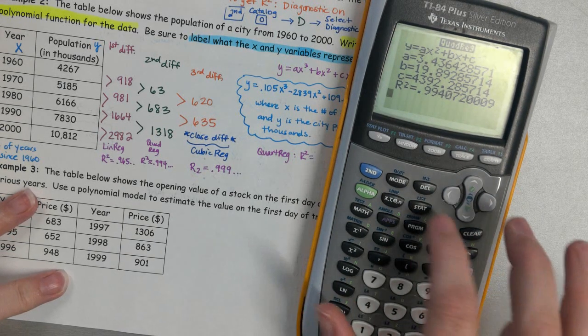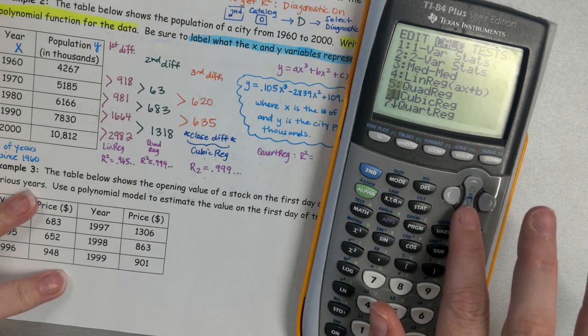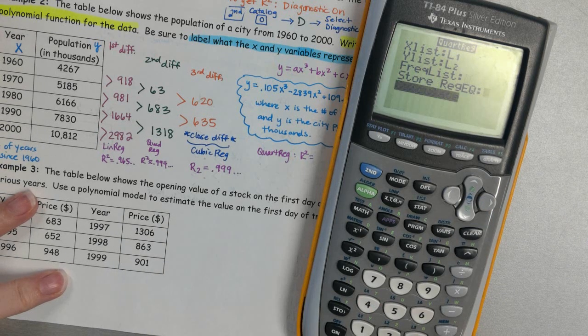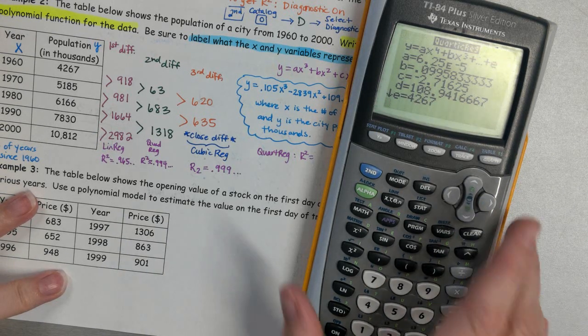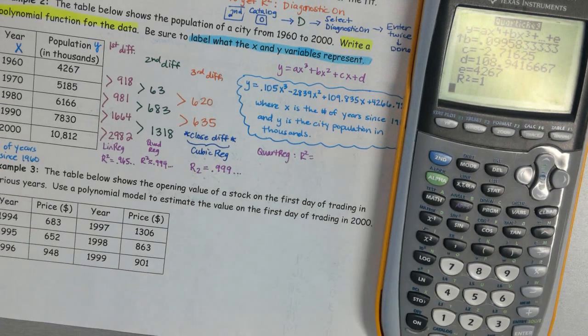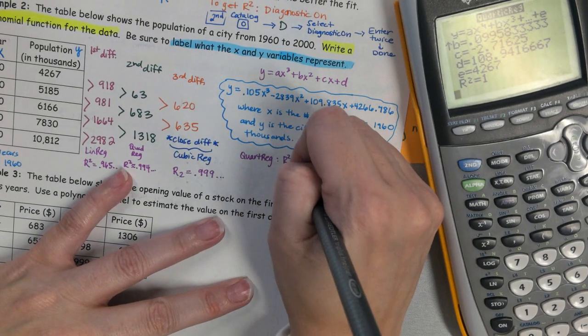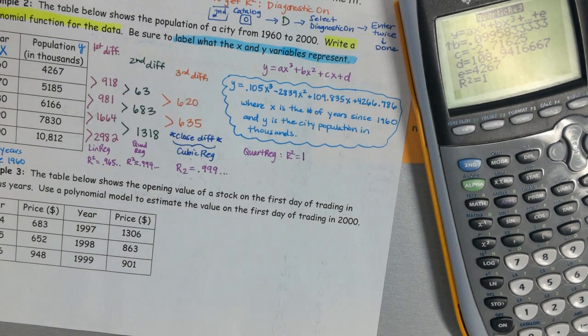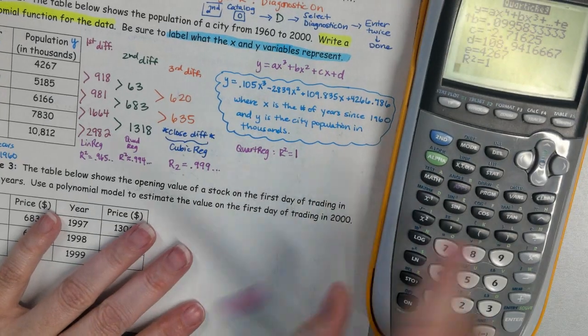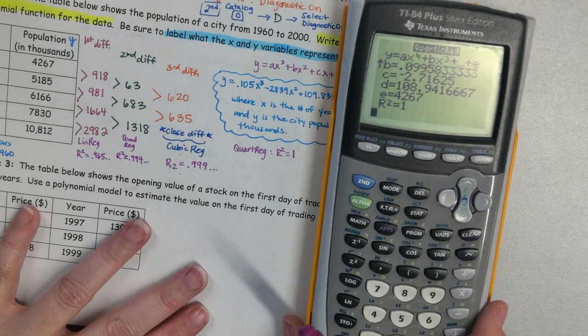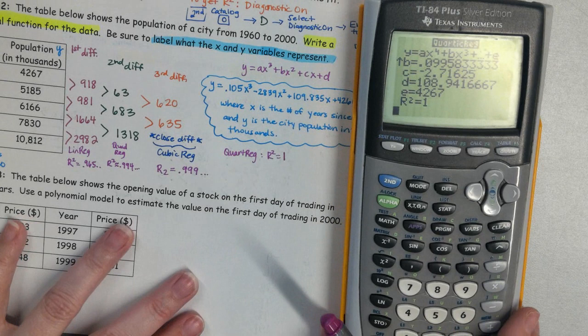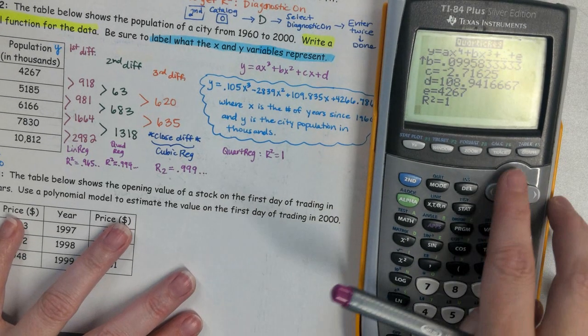I did quad. Okay, the R squared value is 1. That's interesting. So really, we should think that that one would be the strongest, right? If it's equal to 1. But let's look at our values here.